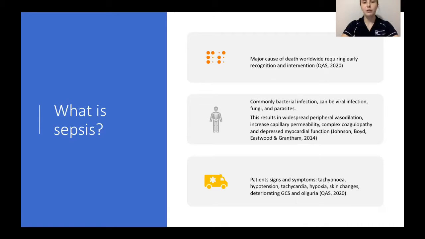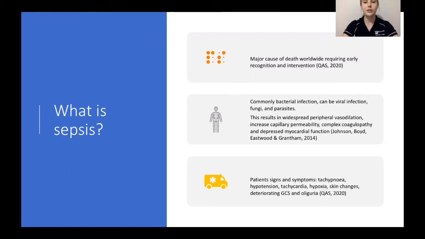Sepsis can cause organ dysfunction as a result of the body's inflammatory response to, most commonly, a bacterial infection, but it can also be caused by a viral infection, fungi, or a parasite. This presents with circulatory, cellular, and metabolic abnormalities. The physiological response to sepsis will result in widespread peripheral vasodilation, increased capillary permeability, complex coagulopathy, and depressed myocardial function.